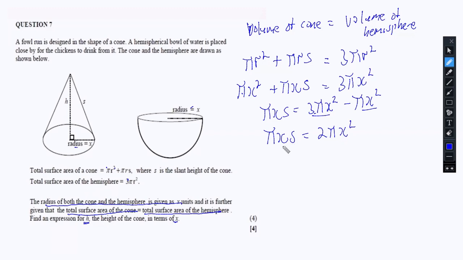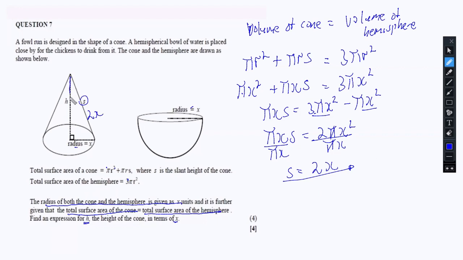In order to isolate the slant height, I would have to say pi x divided by pi x. Then my slant height would come out as pi divided by pi, 1 of the x divided by 1 of the x here. So I'll be left with 2x. So my slant height now would have to be represented by 2x. So that means I can come here and say my slant height is equal to 2x. Therefore, let me have 2x here.